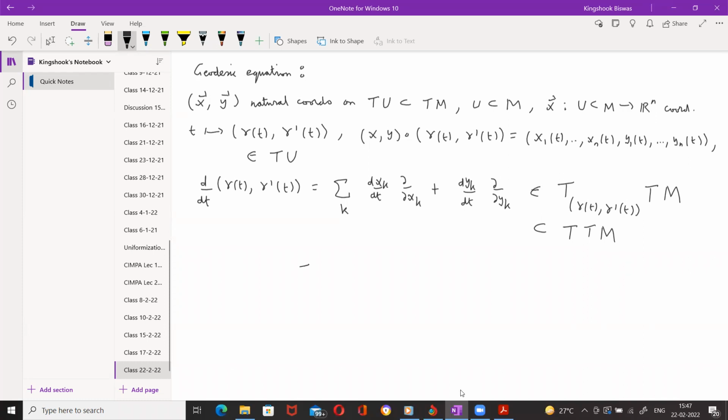And so if gamma is a geodesic, then I know what this is. If gamma is a geodesic, then my dxk/dt, because this curve is of the form (gamma, gamma prime), will be just yk. So the first part will become the sum over k of yk del/del xk.